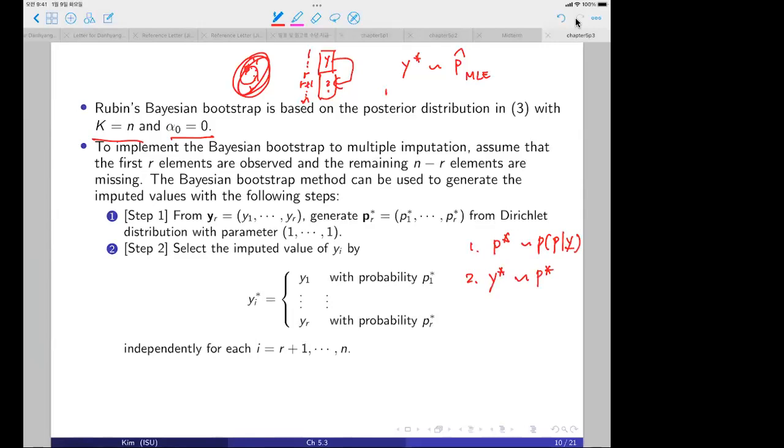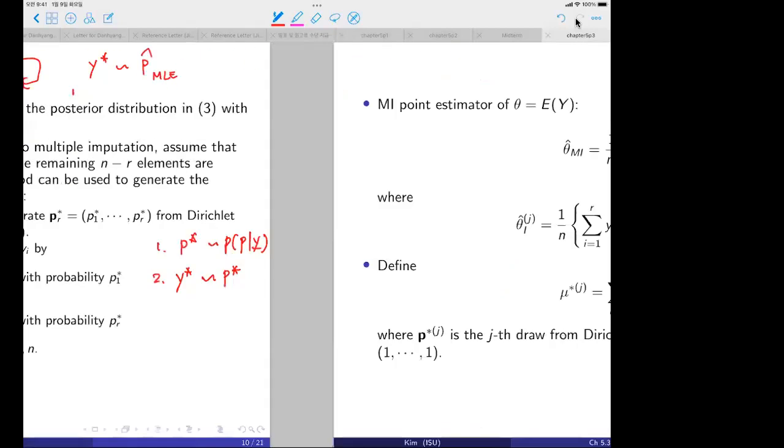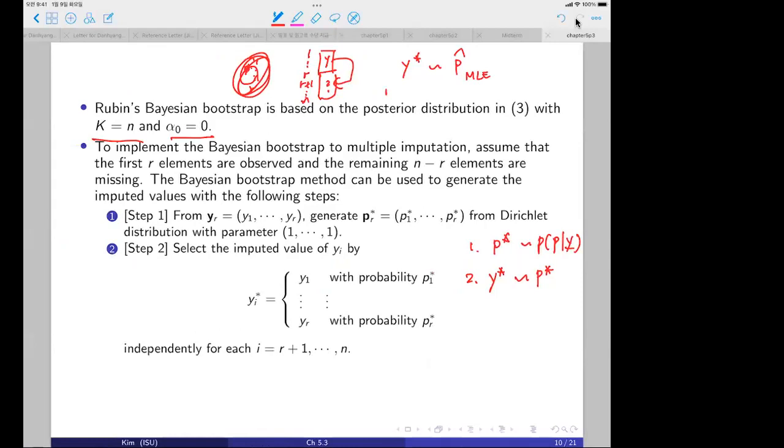And then Rubin moved on further to develop this interesting idea. So basically, this is actually Bayesian. Step one is generated from the Dirichlet distribution with parameter one, and then step two, from P star, you select one.